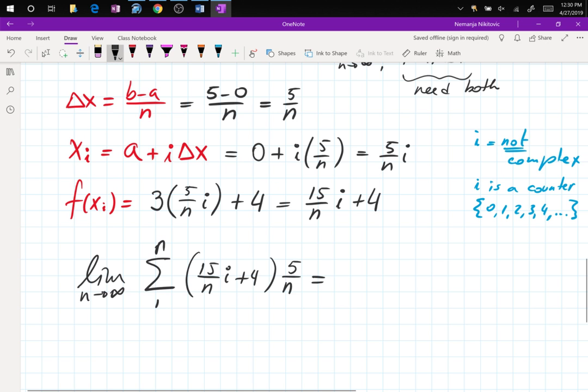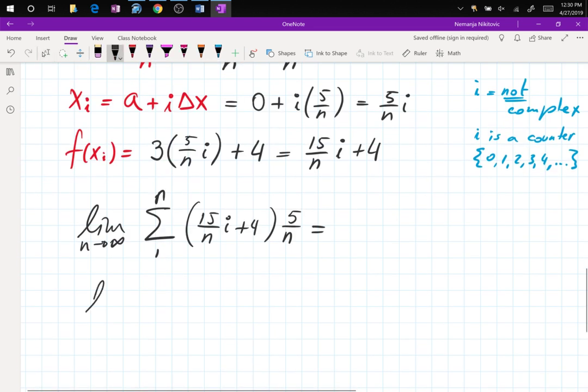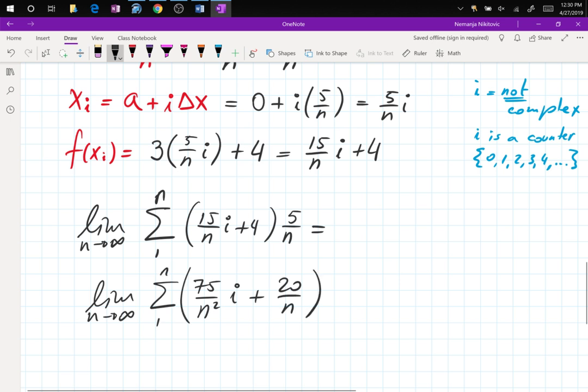So now, the only thing that you can do is distribute 5 over n. So limit as n goes to infinity, summation of 15 times 5, 75 over n squared times I, plus 20 over n, in parentheses, because the summation needs to operate on all of them.